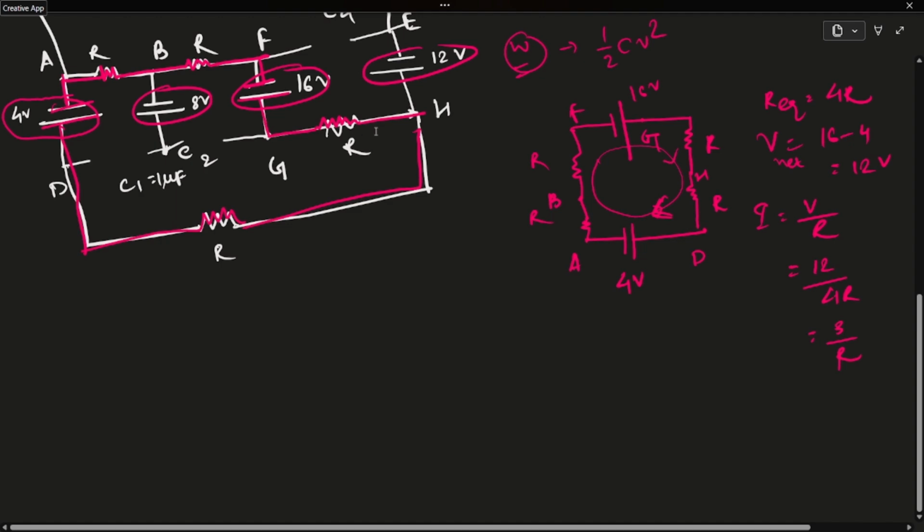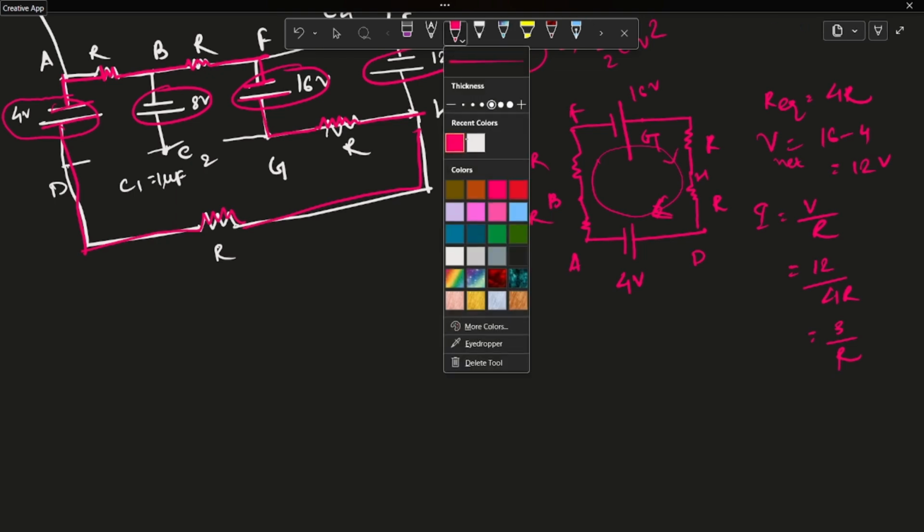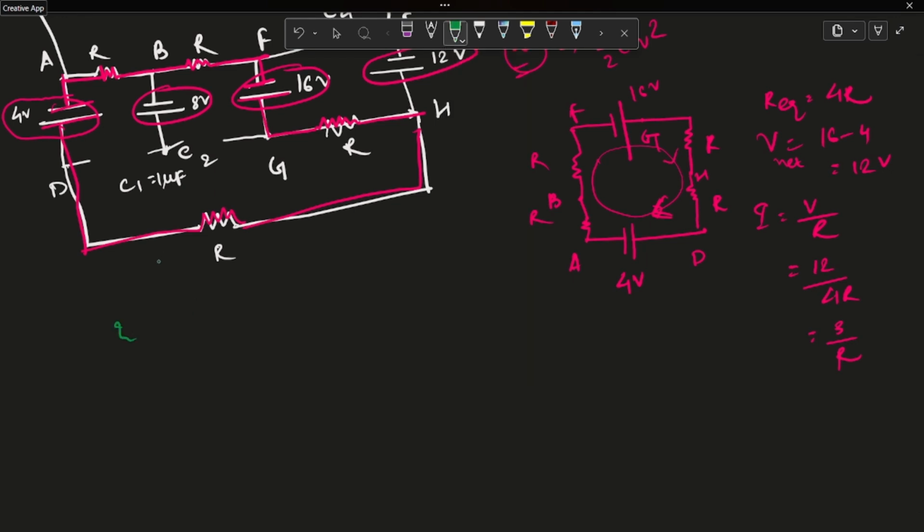So now let's find the potential drops across each capacitor. I will first take the loop A, D, B, C. So this is the loop.